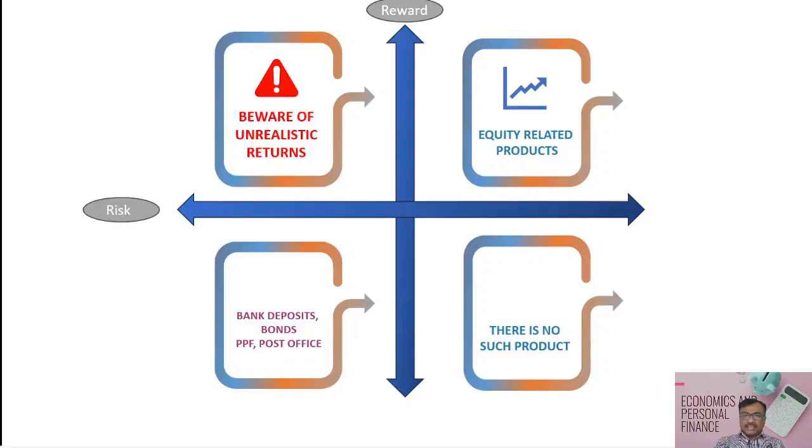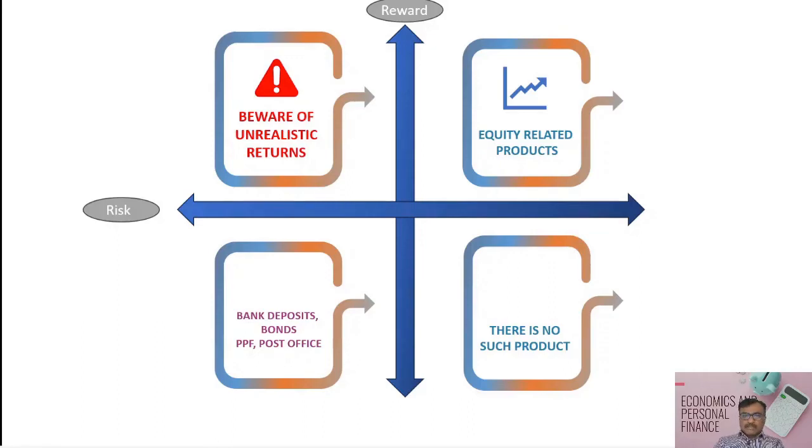On the other hand, if you are willing to take more risk, you can invest in higher return instruments like shares or stocks. As a smart investor, you should be cautious about schemes that promise unrealistic returns. These schemes are known as Ponzi schemes and they should be avoided because they are often fraudulent.